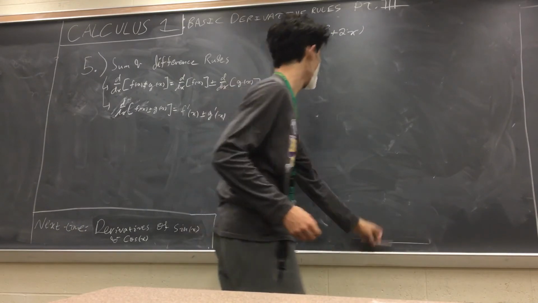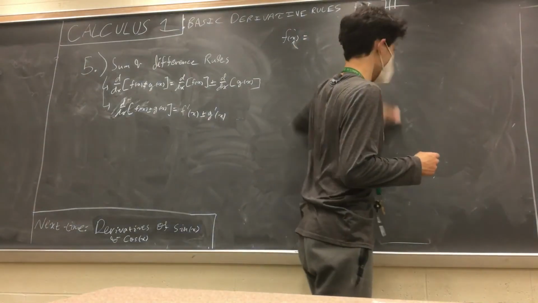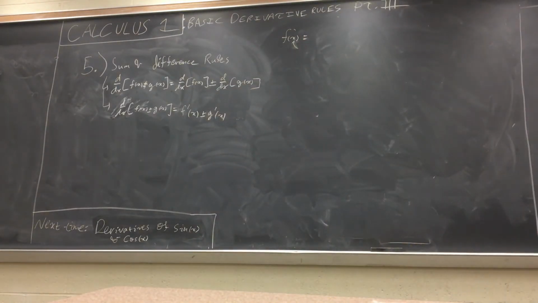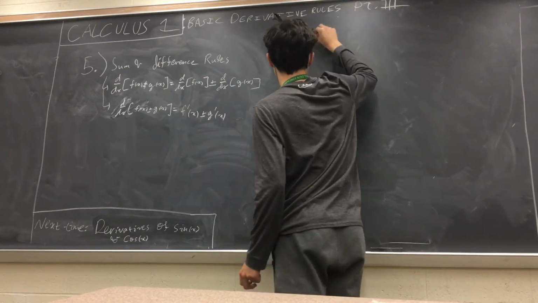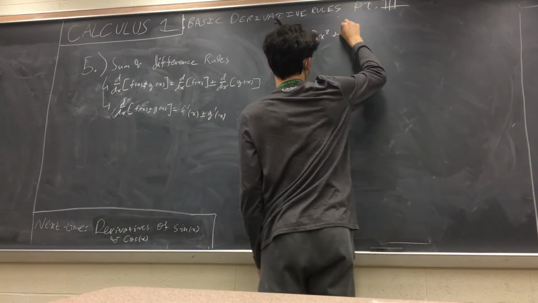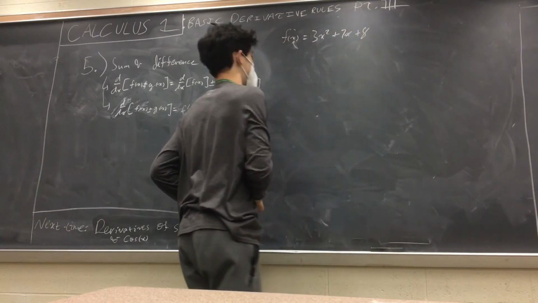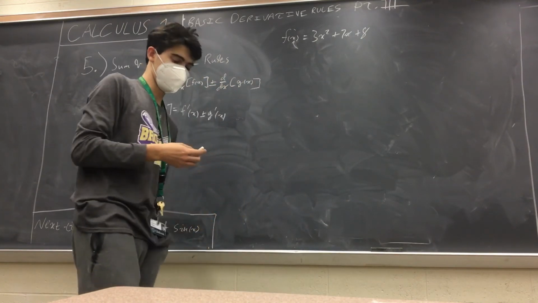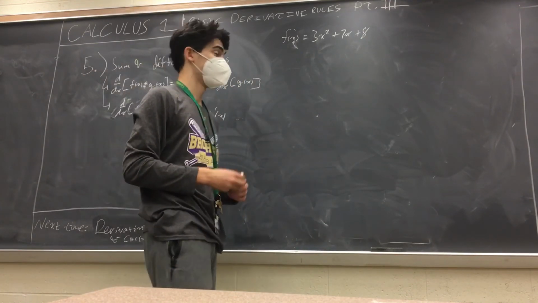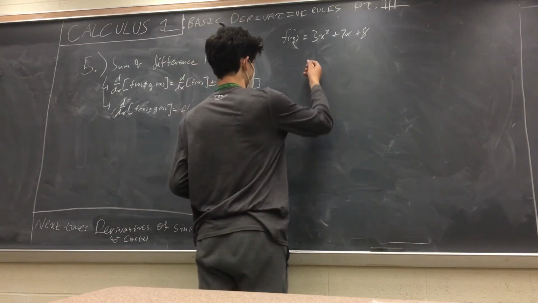Now let's say I had a function f of x equal to 3x squared plus 7x plus 8. So this one's a little more complicated, but it follows the same general process.